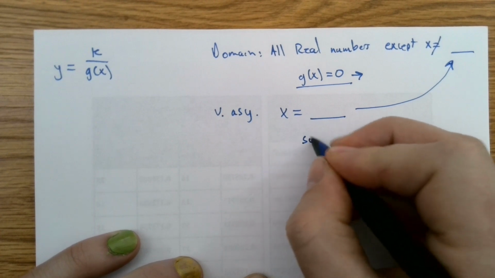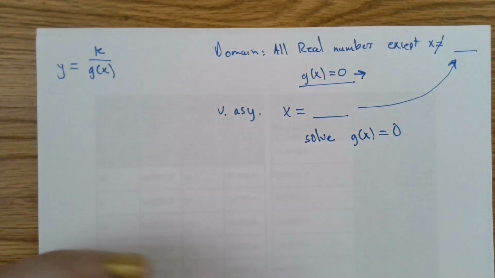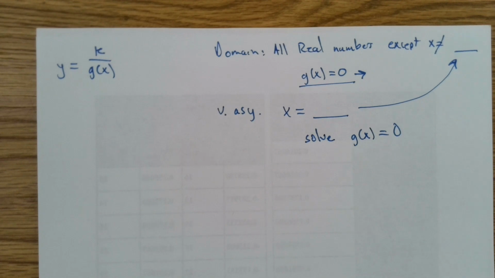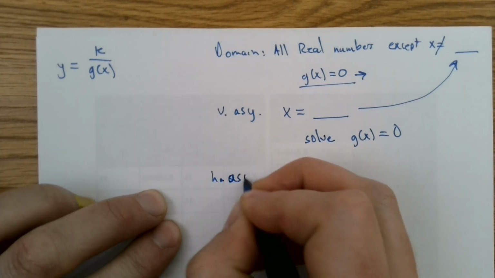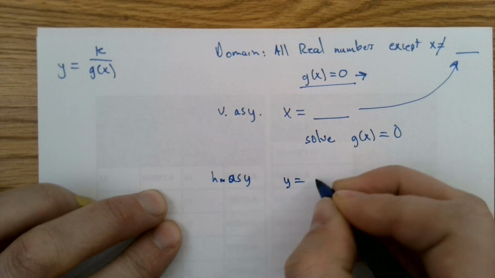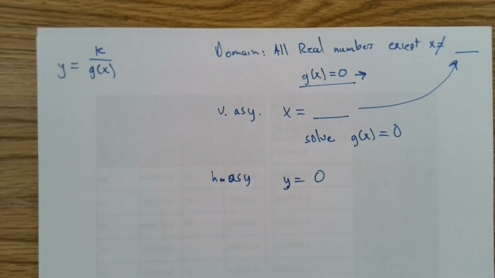So it's solve g of x equals 0, and there you found the x, the vertical asymptote. And then the horizontal asymptote is the same as before. It's y equals 0 when things are in this form. So notice it's a constant divided by some sort of function.